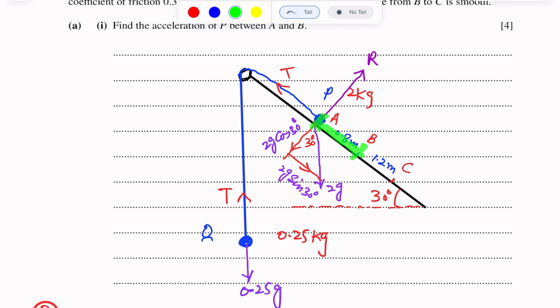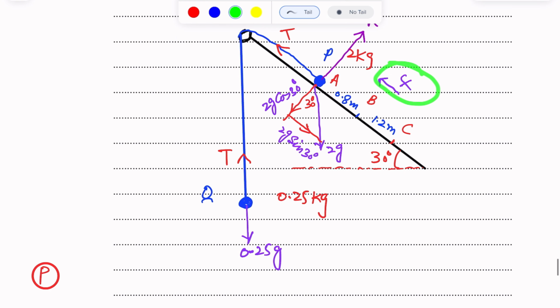So for this motion there will be a frictional force because this part of the plane is rough. The direction of the friction will be opposite to the motion. We are representing this force of friction by small f.